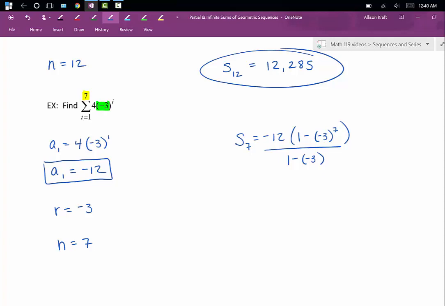Plugging our numerator and denominator separately into our calculator, we get negative 26,256 over 4, which then divides nicely. The sum of the first 7 terms of the sequence is negative 6,564.